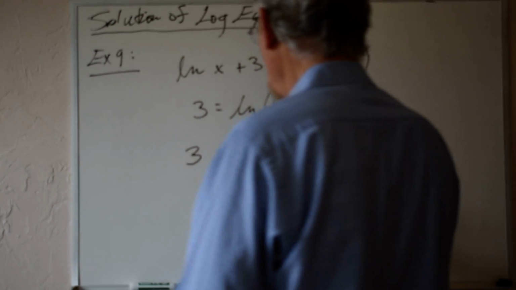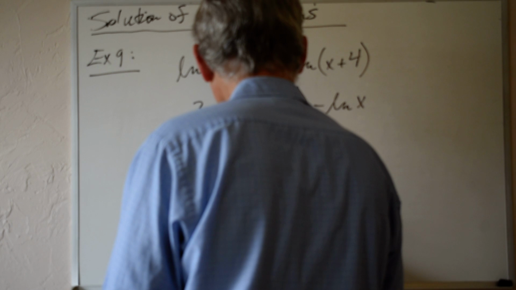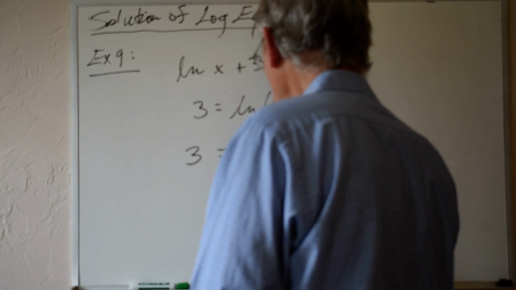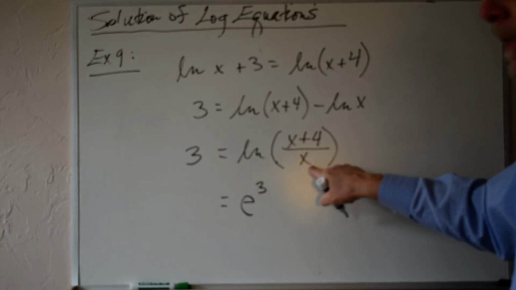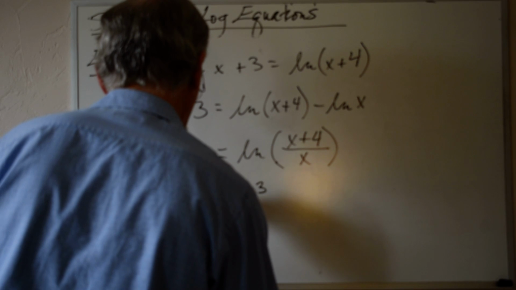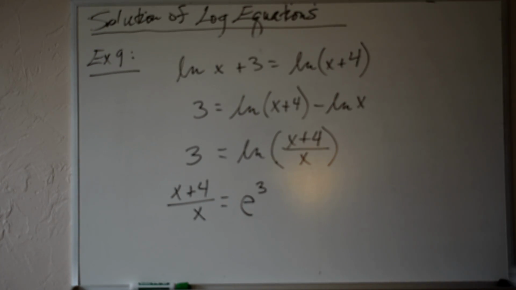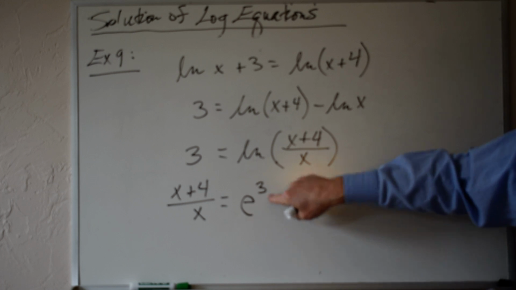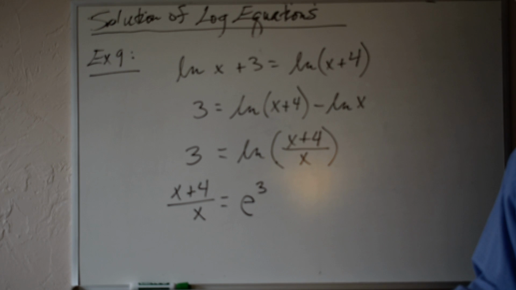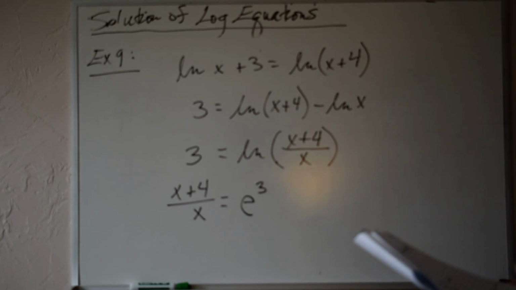We know that this means that the base e raised to the power 3 equals the number we're taking the log of. And again, e is a constant. This is an actual number here. It's 2.7 something times itself again, so you're going to get something around 20.